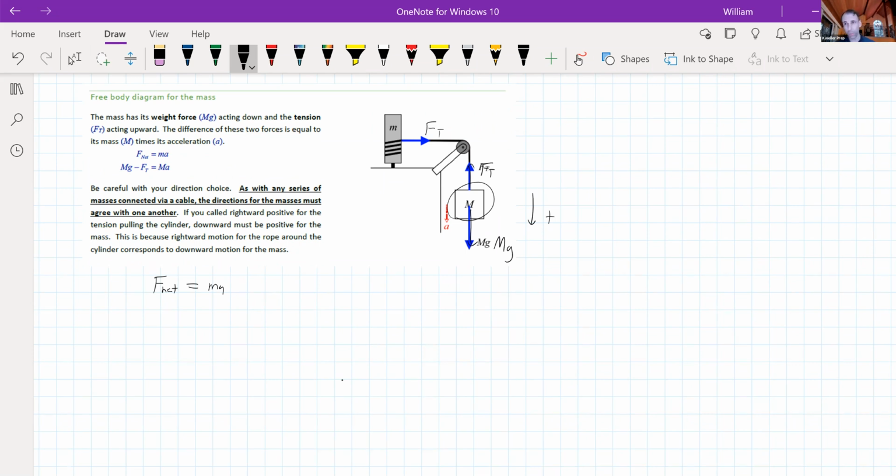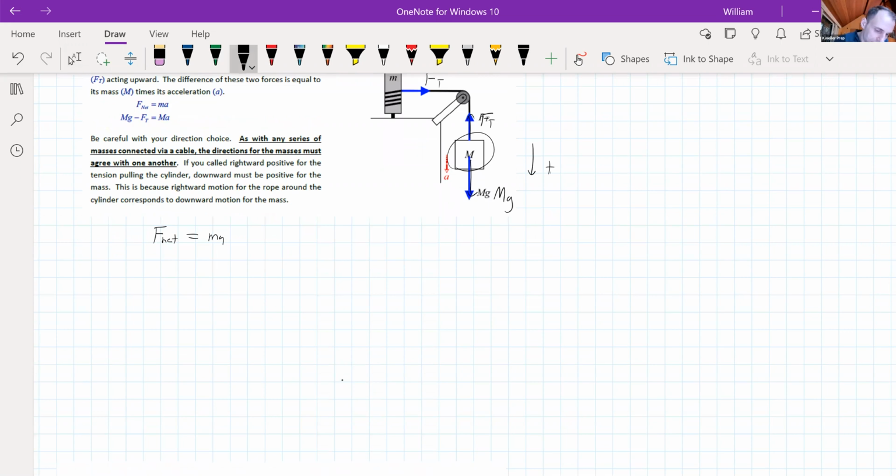By the way, super important point, one of my students is in here, probably knows I pointed this out prior: when you have masses connected across a pulley, which is the Atwood's machine, another take-home point, remember that your directions for the two systems must agree. So if downward is positive for this one, rightward must be positive for this one. We'll get to that in a second. That matters when you get to your second system.